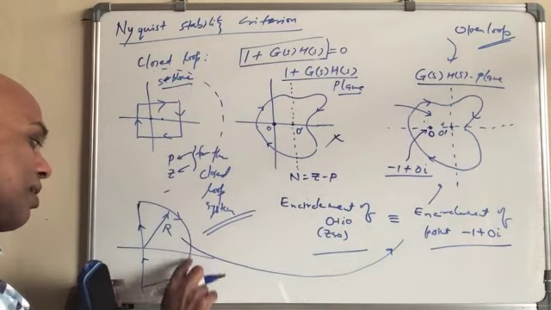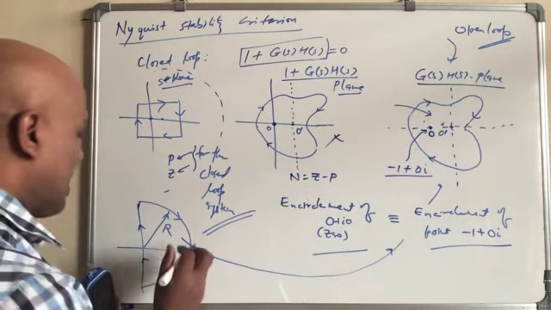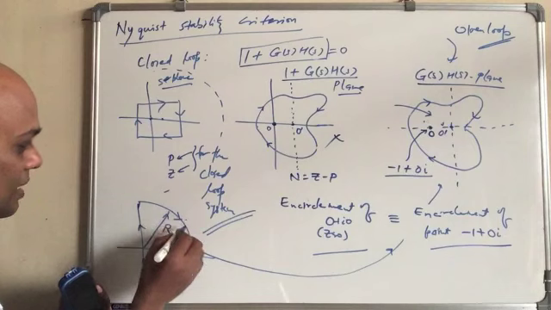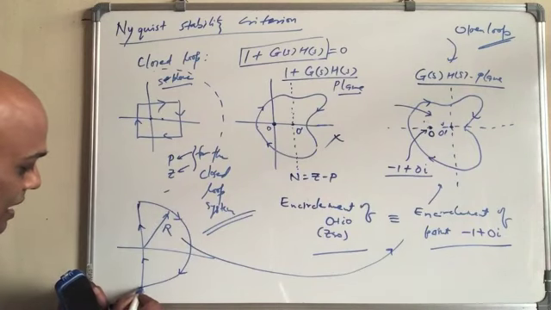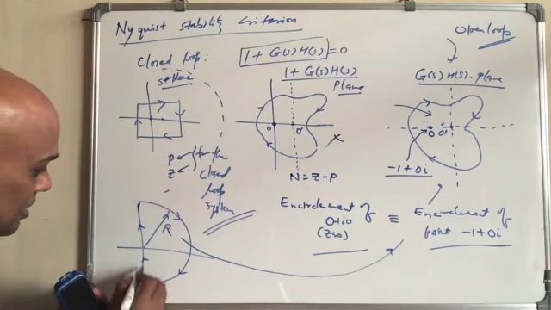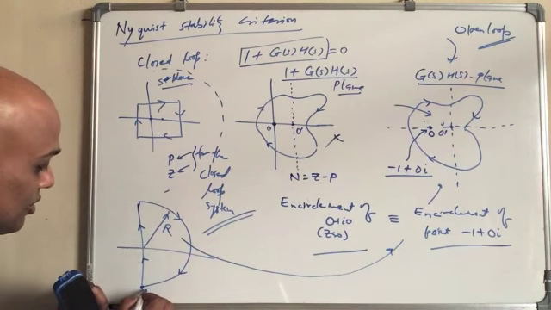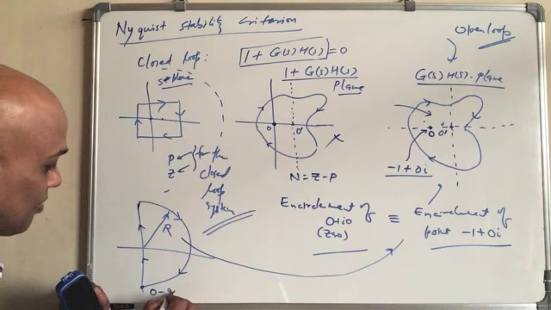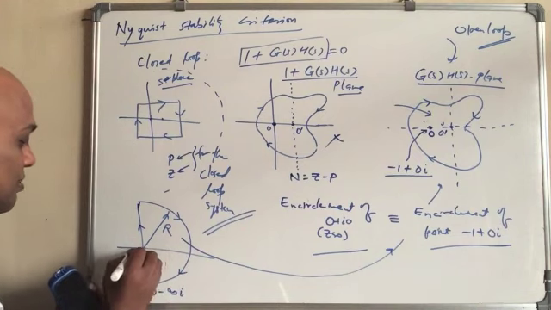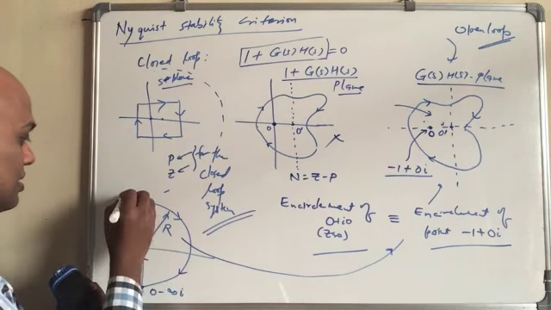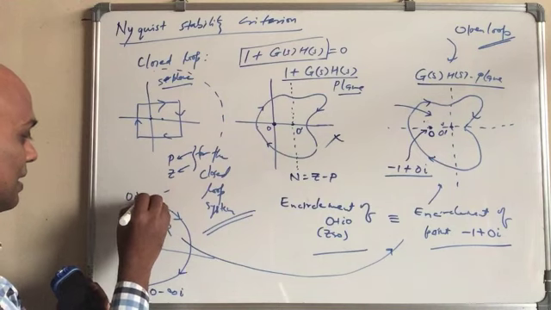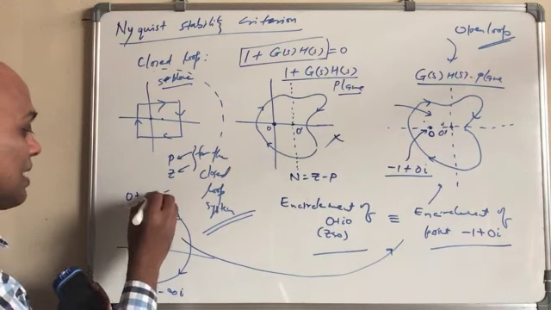Here you are going clockwise only. Here this will be infinity. Here this will be a point on the imaginary axis. So this will be 0 minus infinity I. This will be 0, 0. This will be 0 plus infinity I.